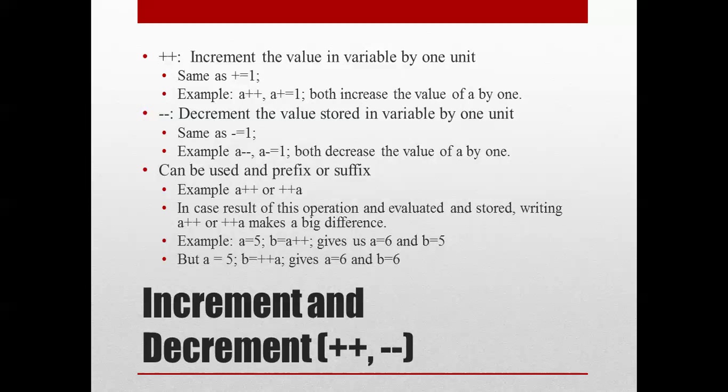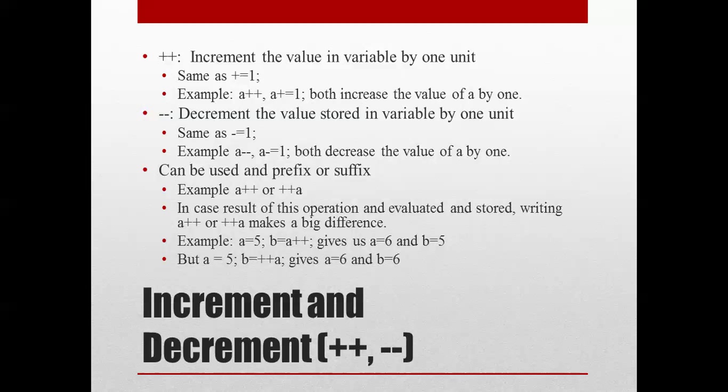That means that first b is going to store whatever is in a, then a is going to be incremented. But if you write plus plus a, that means that first it will increase the value of a, then put it into b.